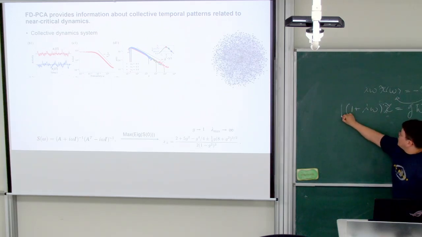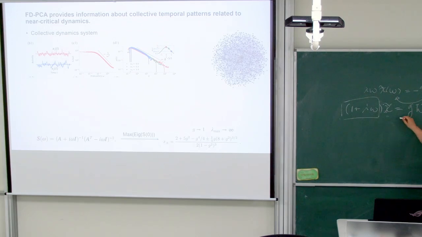Then if we divide this term on both sides, we will get this coefficient, right? So the magnitude of this coefficient is the effective coupling coefficient. That means if you increase the omega, this coefficient will drop, so their connection is weaker.